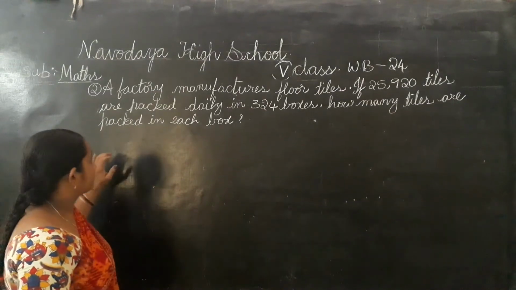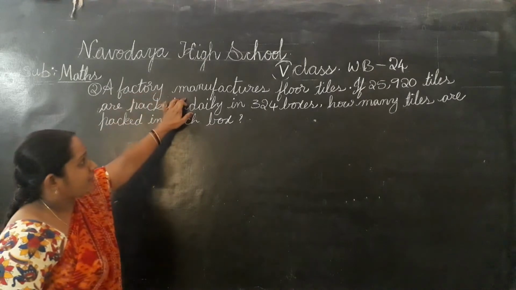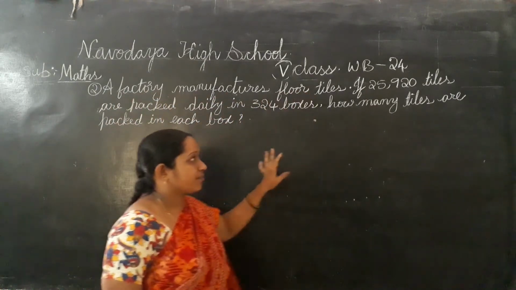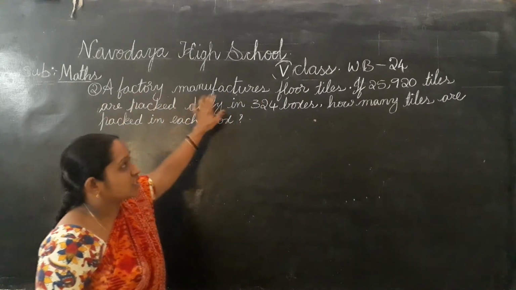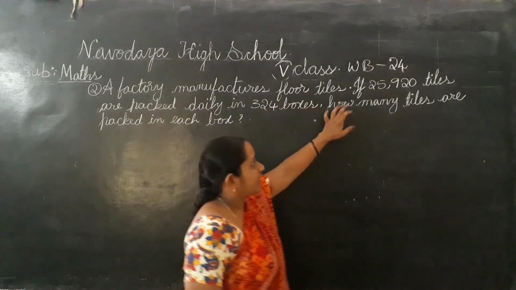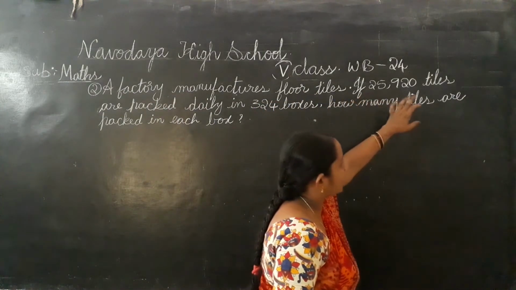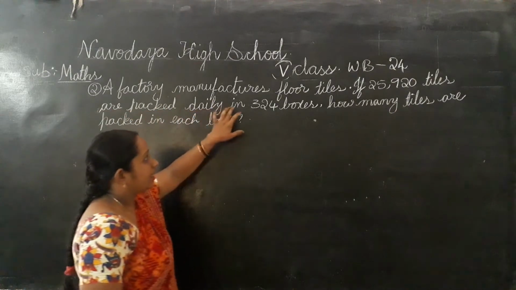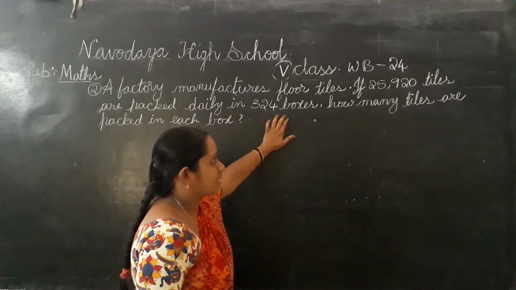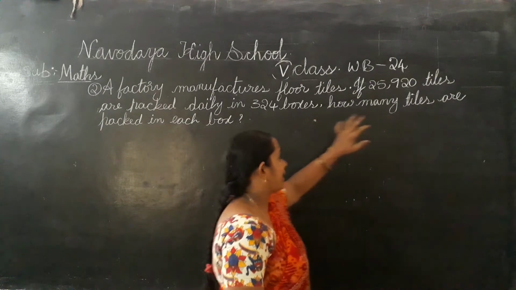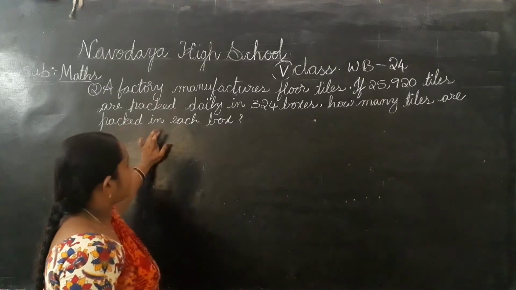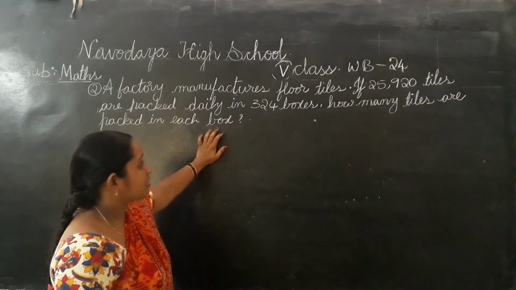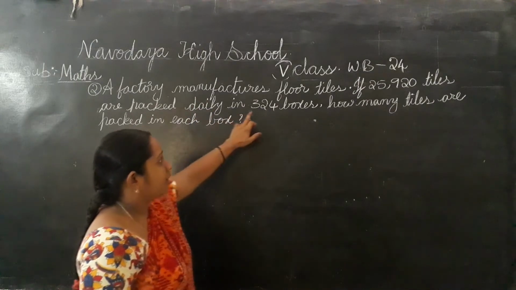Second one, children. A factory manufactures floor tiles. If 25,920 tiles are packed daily in 324 boxes, how many tiles are packed in each box? First of all, how many boxes are there? 324.